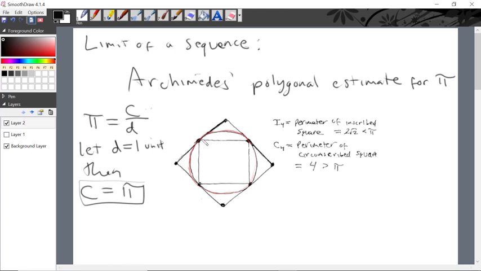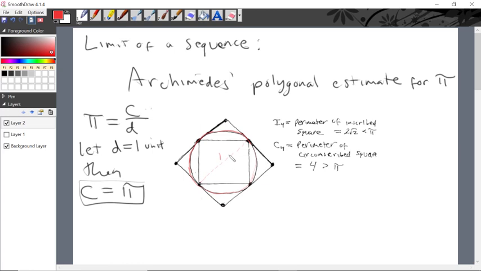So if we did that, we can then find the perimeter of our square. This would be the inscribed square, on the interior of the circle, and notice that the perimeter of the square is certainly going to be less than the perimeter of the circle. That is, the perimeter of the square is less than pi. It would have to be. Well, the perimeter of the square comes out to 2 root 2. How do we know that? We said that the diameter was going to equal 1 unit.